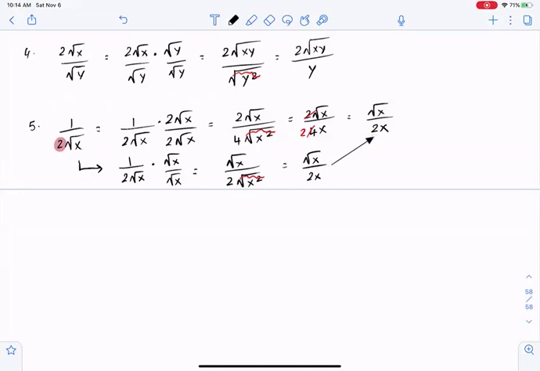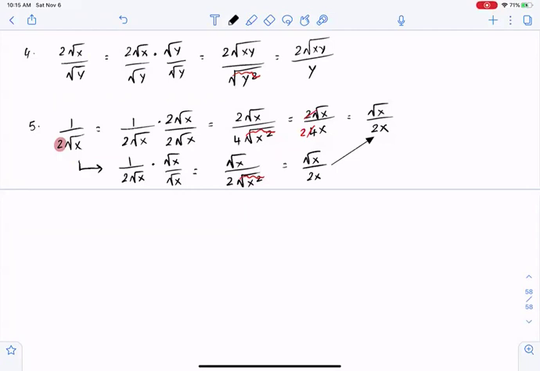So when we have a number in the denominator or in the numerator, we don't have to utilize that number to rationalize. We can just keep it as is.